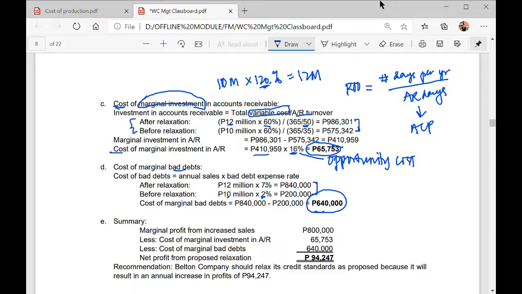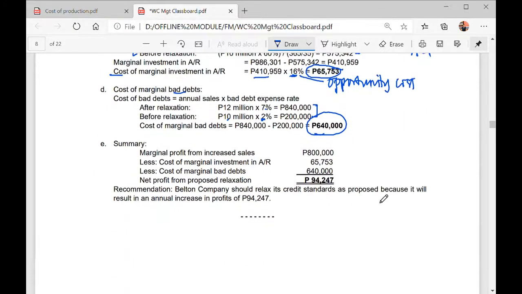However, let's now get the net benefit of this change in policy. How much is the net benefit, what remains? Remember, we already computed this in letter B. This is 800,000.